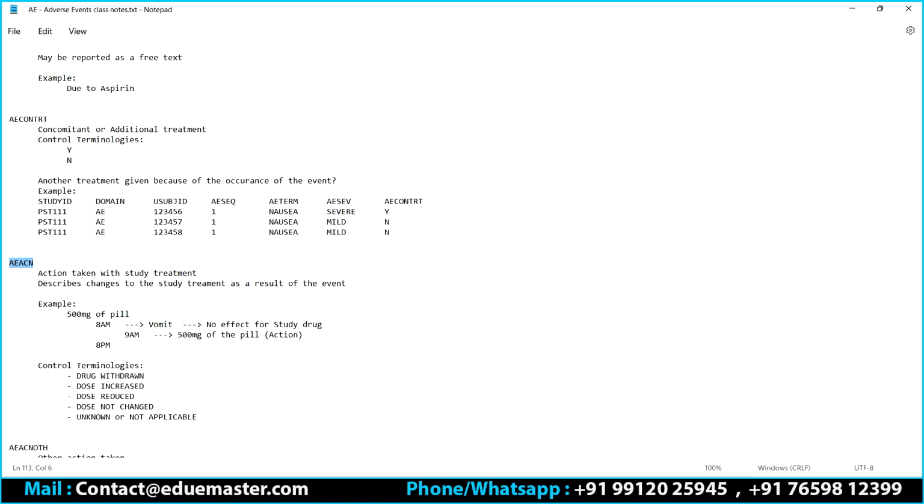We gave another 500 mg tablet after 1 hour. So we have changed our regular flow. We have changed the actions that we take on a day-to-day basis because of the event that happened, which is nothing but the vomiting. Correct? Either we can increase the dose, decrease the dose, completely withdraw the dose, or not change the dose at all, or if not all these, we can simply put unknown.